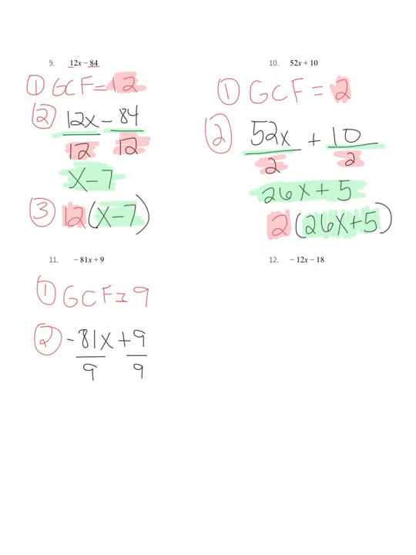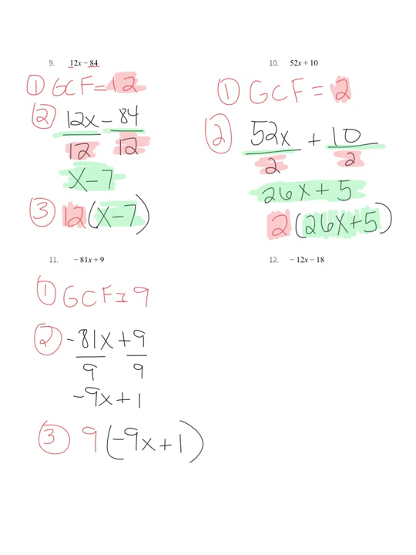Negative 81x divided by 9 is equal to negative 9x plus 1, because 9 divided by 9 is equal to 1. Then we have our third step. Our third step is we are going to take our GCF, put it on the outside of the parentheses, and then take our simplified expression and put it on the inside.